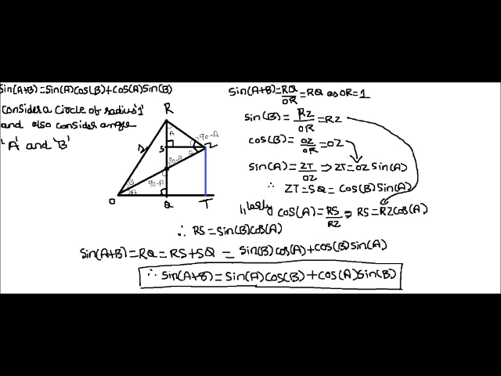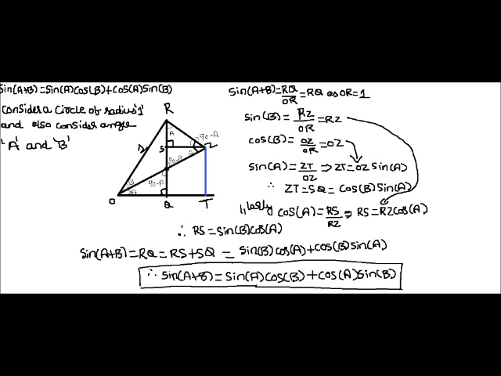Similarly, now consider another right angle triangle formed by ZOT. There is angle A at O. So sine A is equal to the opposite side ZT by the hypotenuse, which is OZ. Again, similarly, cos A is equal to the adjacent side RS by RZ.